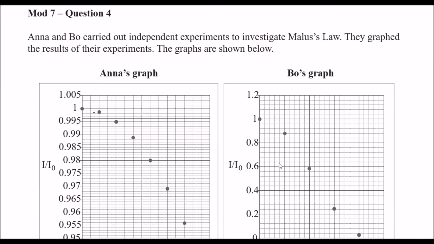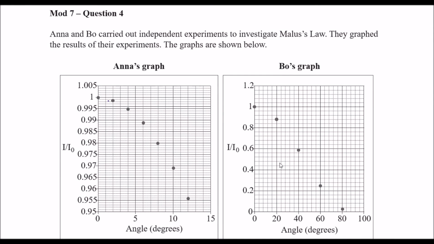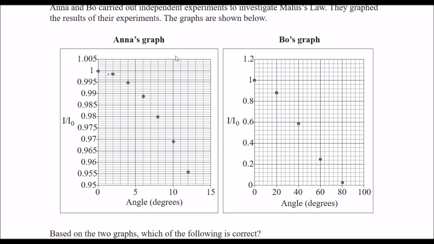This one is a bit more of an analysis question, so I'll just zoom out a little bit. We have Anna and Bo, who carried out an independent experiment to investigate Malus's law. They graph the results of their experiments and they see the following. Based on the two graphs, which of the following is correct?